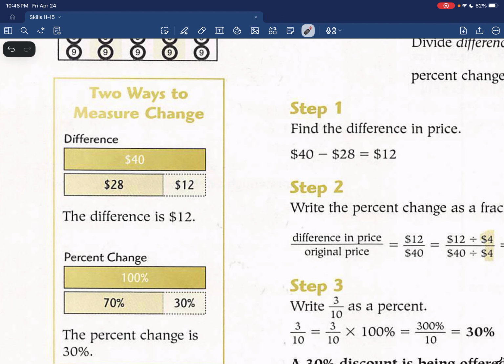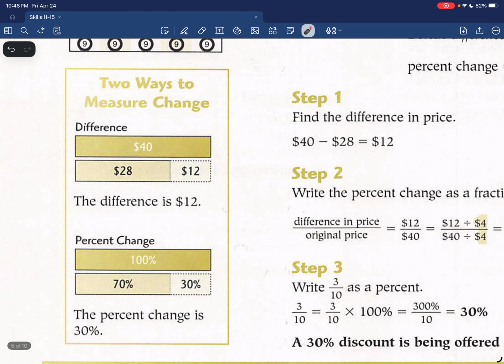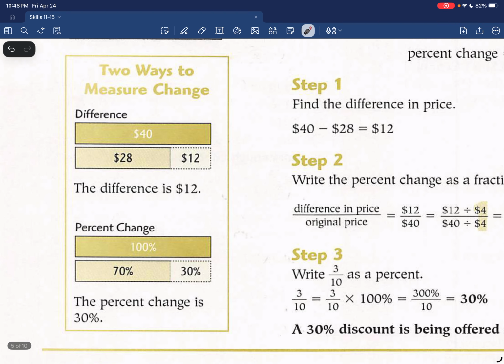Let's look at these two ways to measure change. You can express the change as money. For example, $40 was the original cost. The sale price was $28 and your discount was $12. That's one way to express that change. The other way is to talk about it as a percent.